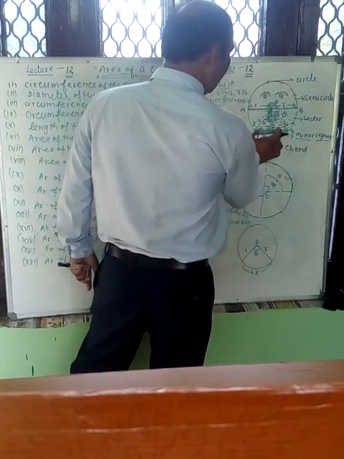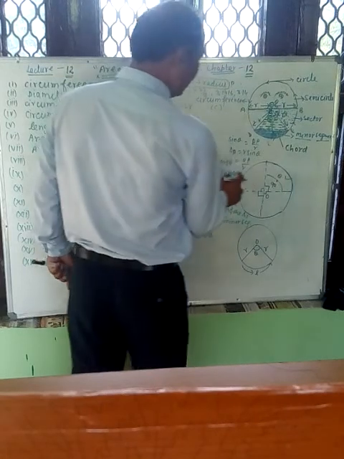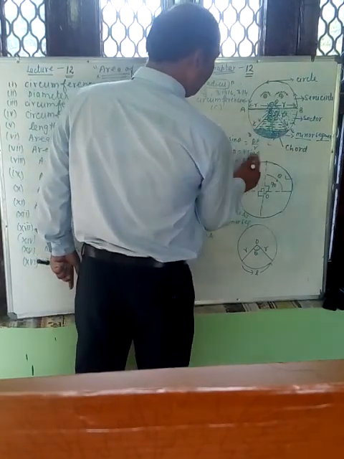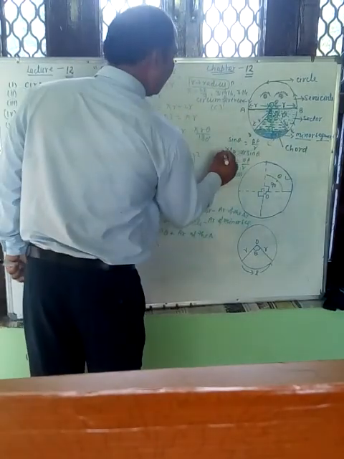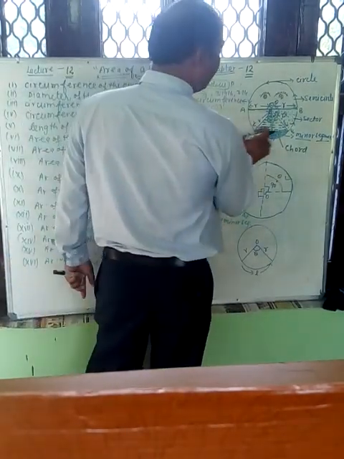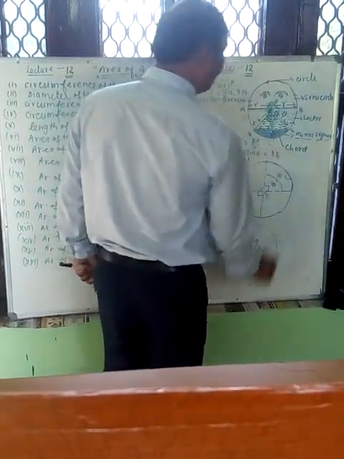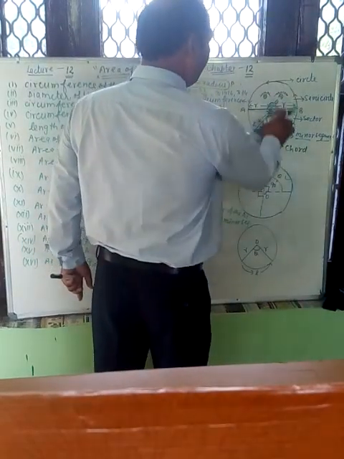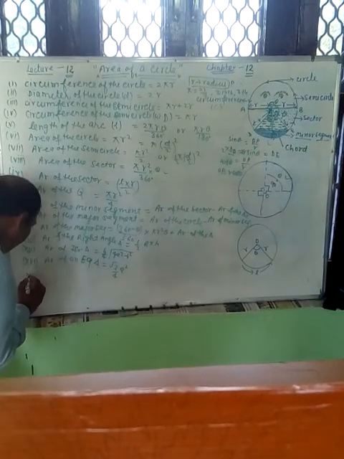This angle is theta. This length is equal to this length. It means this is DP, and here the whole base is 2 DP, that is DE equals to 2 DP. Now the area of this triangle is 1/2 into base into height.